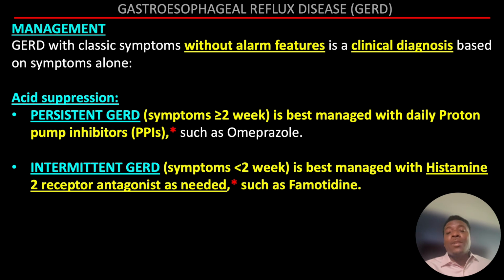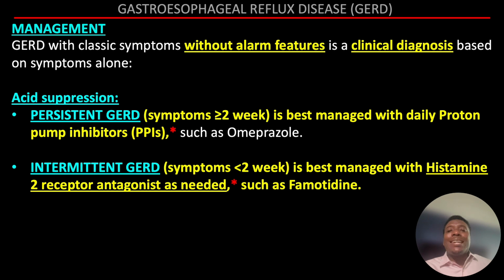Now, the choice depends on which type of GERD you have. If the patient has symptoms of GERD that are 2 times a week or more, we call that persistent GERD. Or if it's severe GERD, the preferred medical management will be a proton pump inhibitor such as your azoles: omeprazole, pantoprazole, lansoprazole.